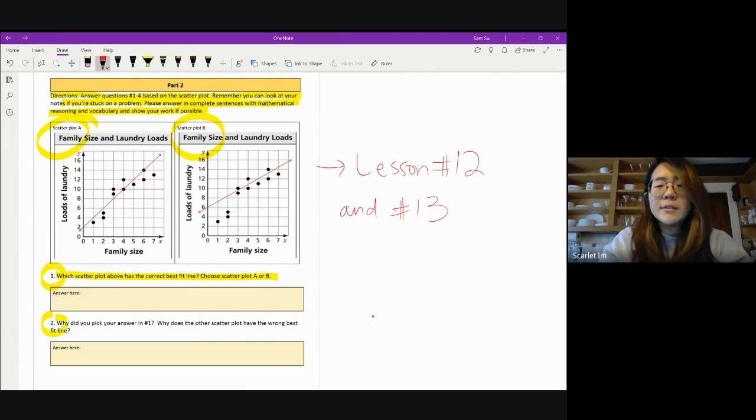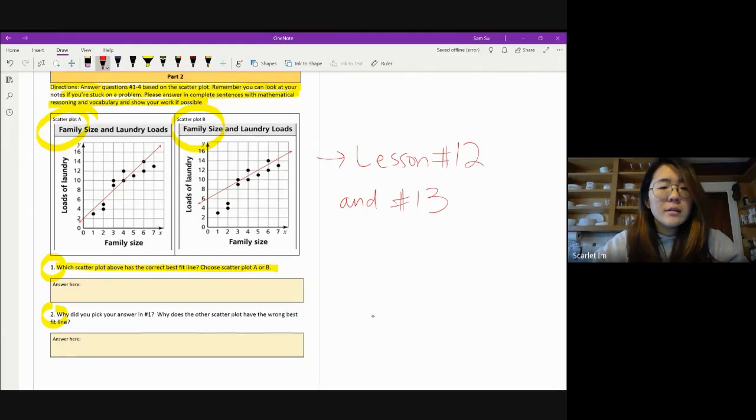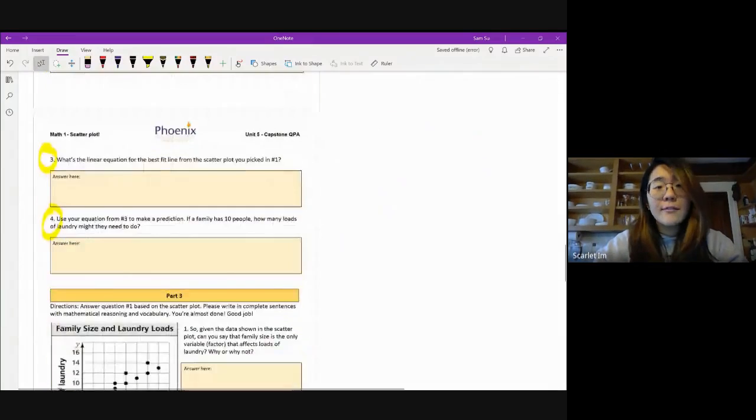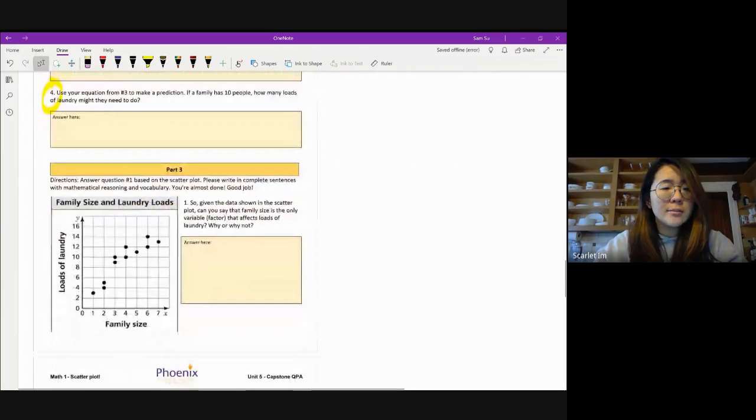This goes over how to make a best fit line and what predictions you can make based on this equation. This has to do with y equals mx plus b and plugging in variables to figure out your answers. And again, if you have any questions, please reach out to me.